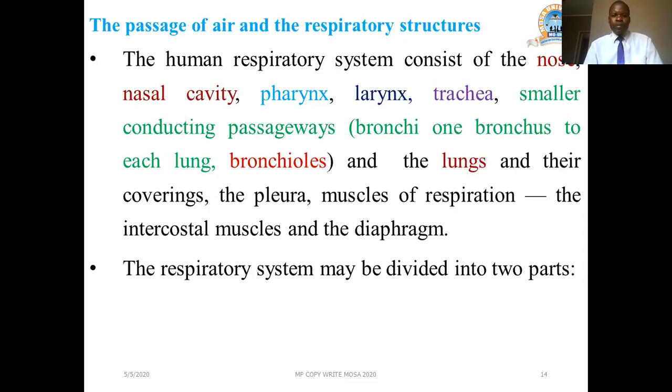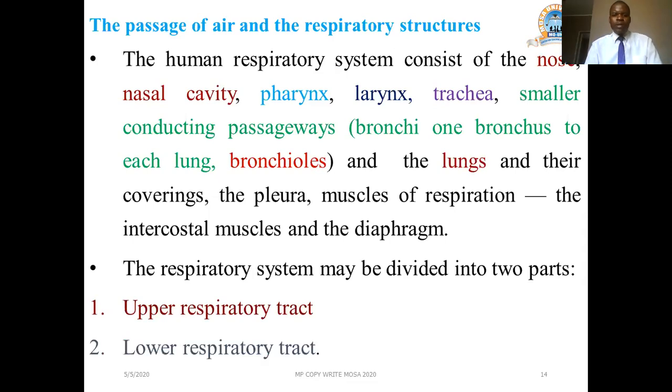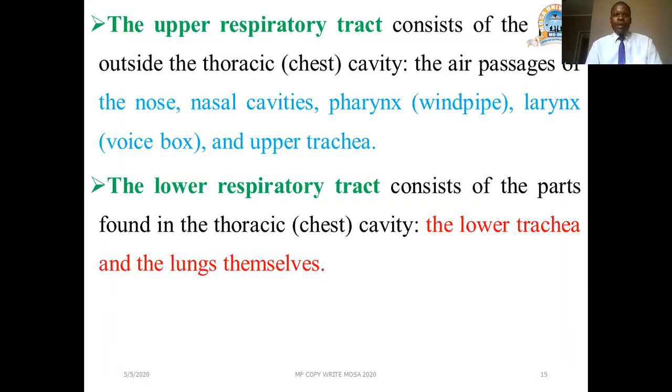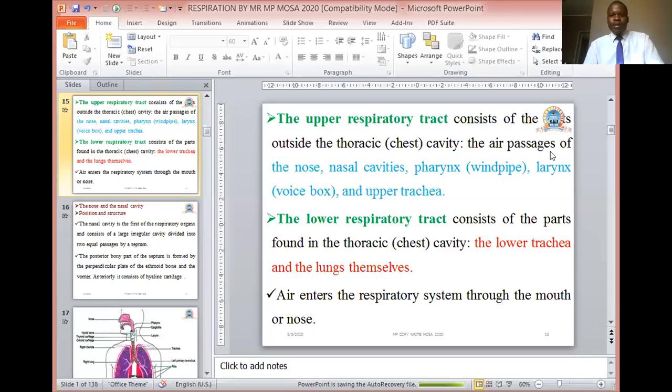The respiratory system may be divided into two parts. The first one is the upper respiratory tract, and the second one is the lower respiratory tract.